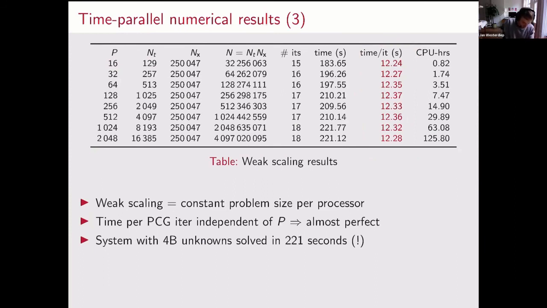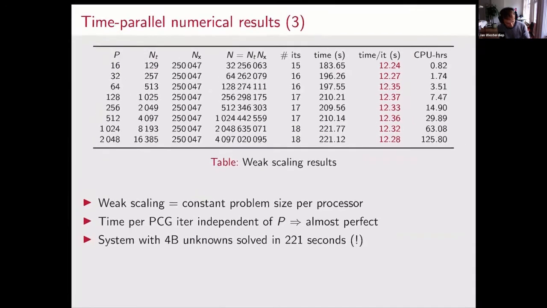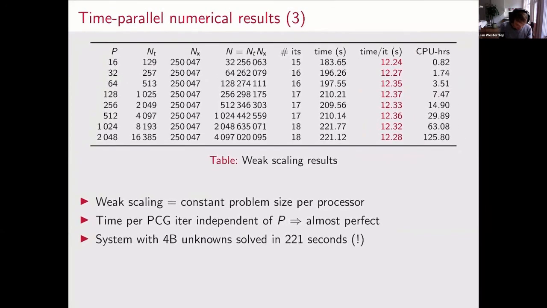It's almost independent of the number of processors. What was quite cool for us to see is that we can solve this system with over 4 billion unknowns in only 221 seconds, using the Dutch supercomputer.